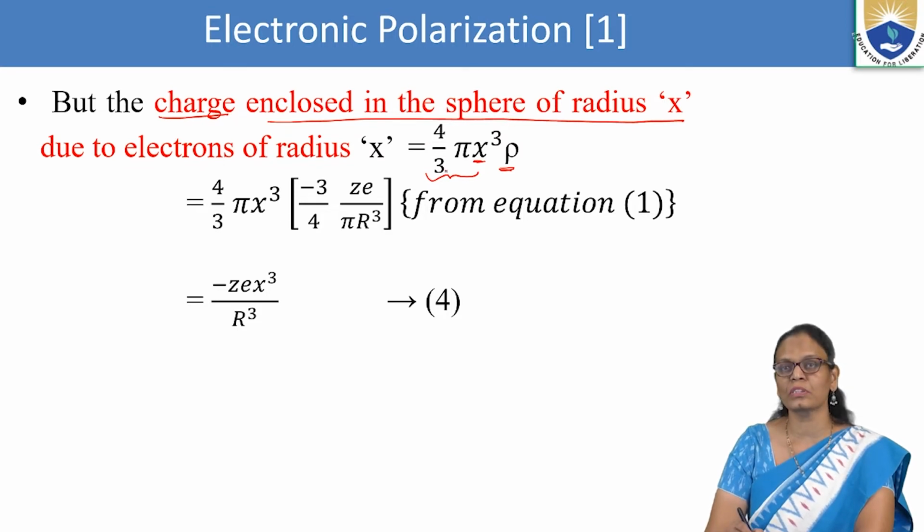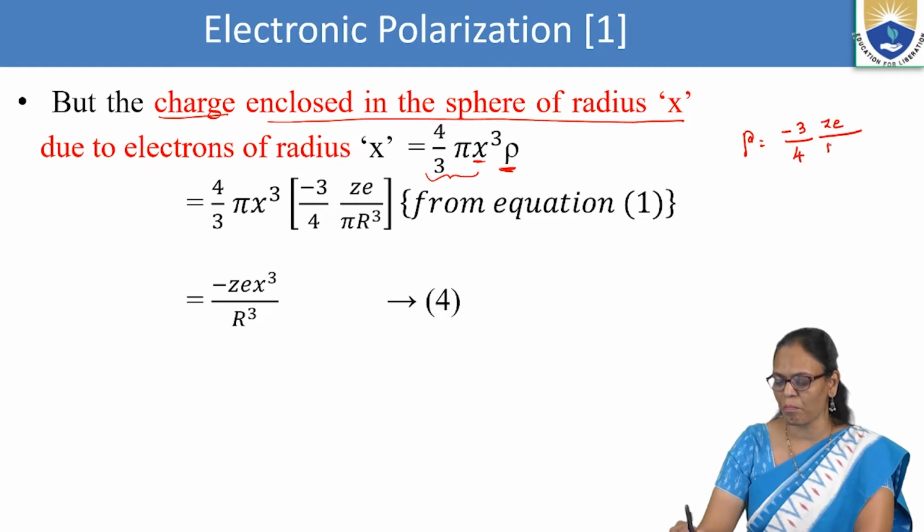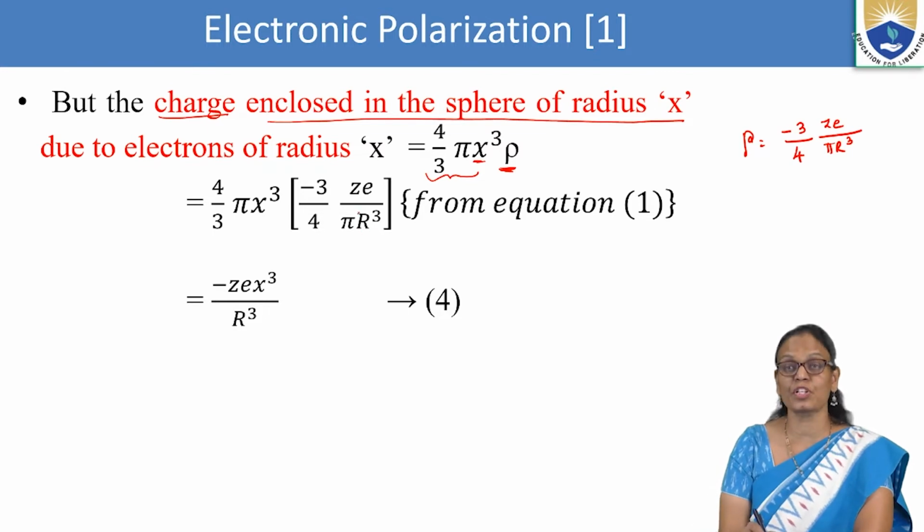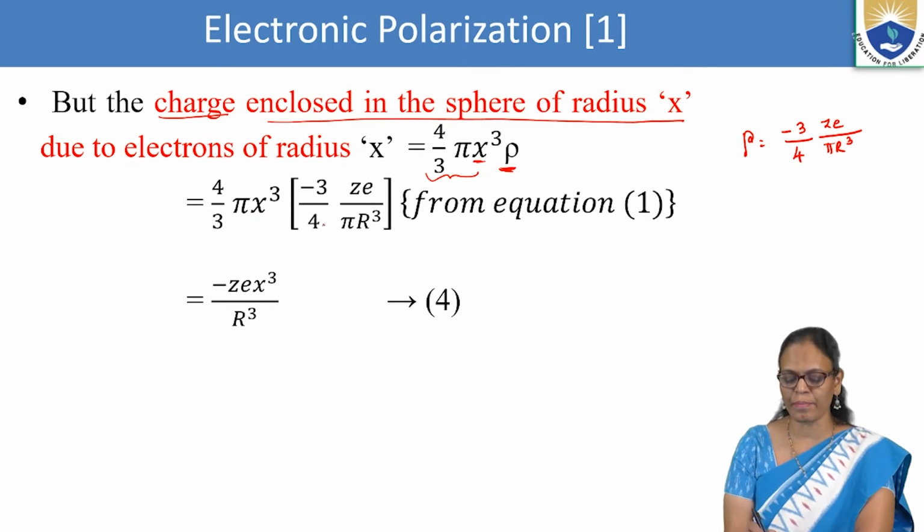It will be 4/3 pi x cube into rho. So we have already got the formula for rho from equation 1. So what is rho equal to? We got it is minus 3/4 Z upon pi r cube. So we are going to substitute that here, so 4/3 pi x cube times minus 3/4 into Z by pi r cube.